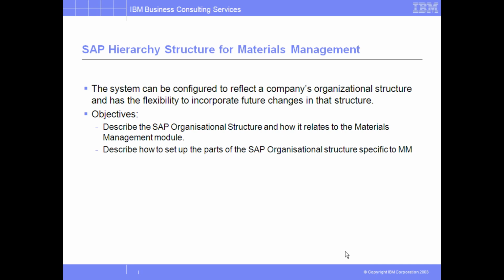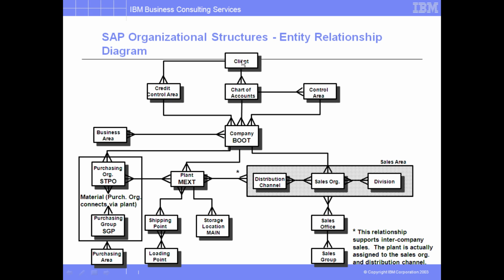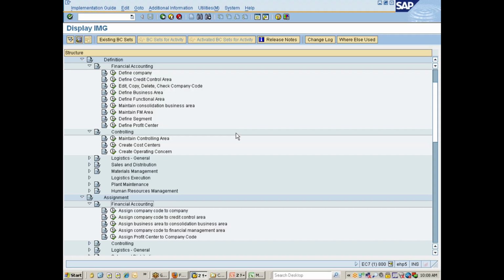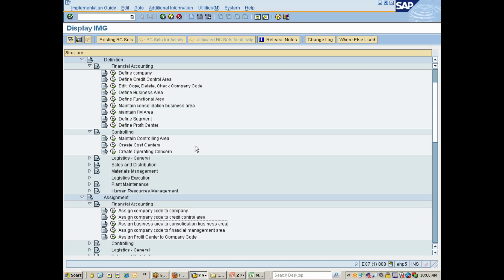Okay, so we have established the relation between client, that is group company, with the company code. We have established company code with credit control area. Similarly, we have established business area and consolidated business area relationship.